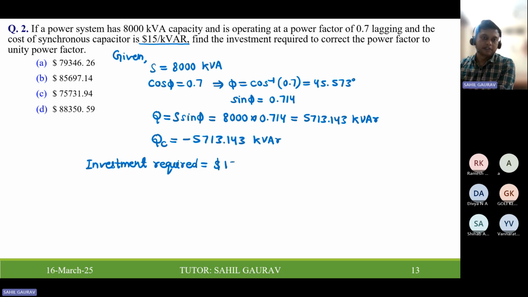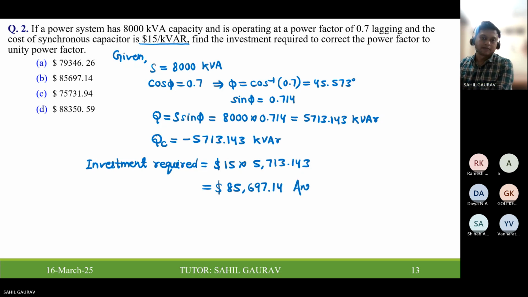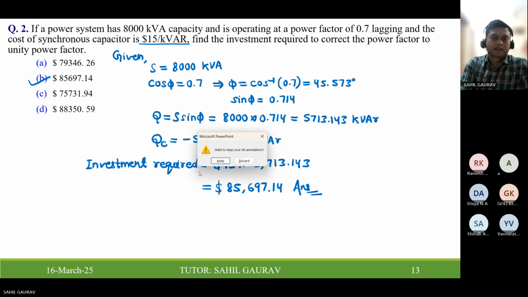So 15 into 5713.143 is 85,697.14 dollars. So B answer is correct. This is one of the very simple problems.